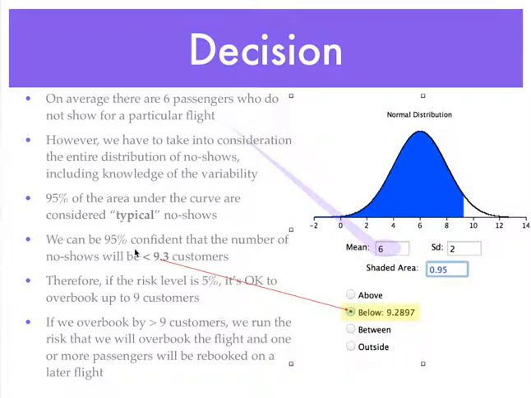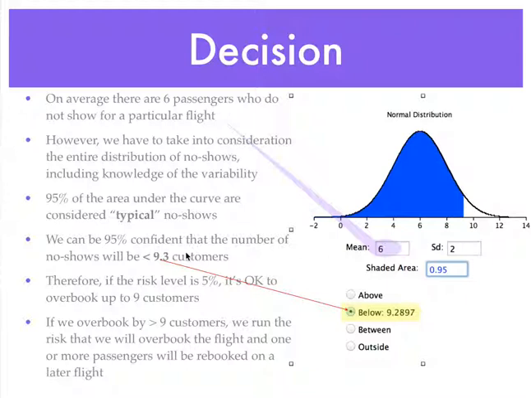We can be 95% confident that the number of no-shows will be less than 9.3 customers. Therefore, if the risk level is 5%, then it would be okay to overbook up to 9 customers. And if we overbook by more than 9 customers, then we're going to run the risk of overbooking a flight, and 1 or more passengers will be rebooked on a later flight.